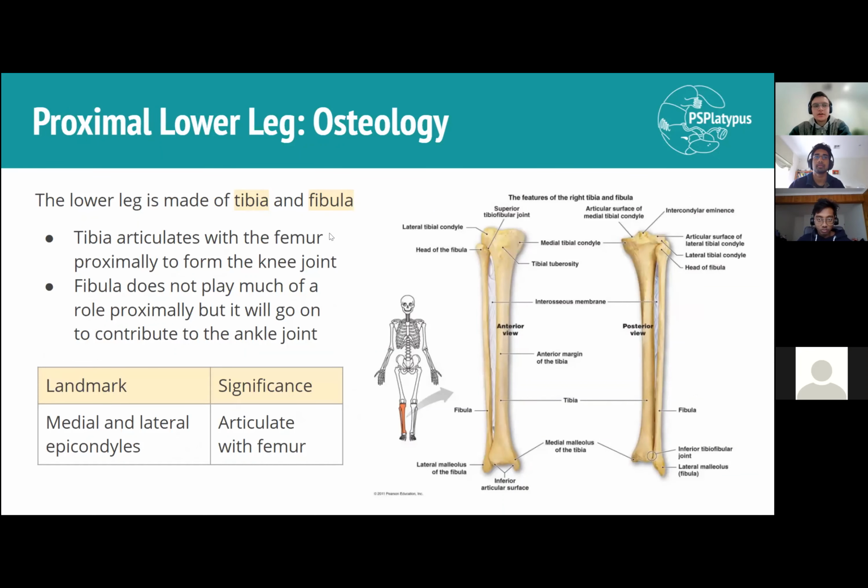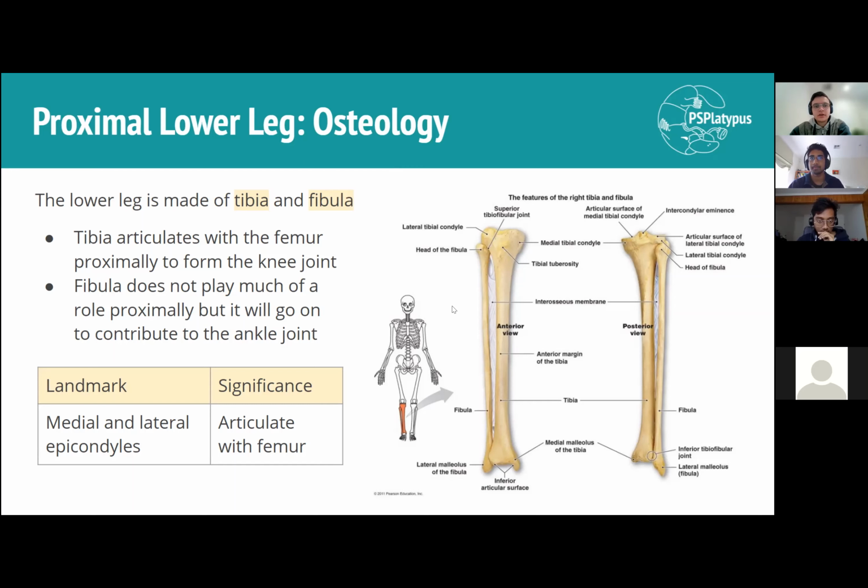Another quick word on the bones. So we're thinking about some of the bones within the lower leg, and the main bones here are going to be the tibia and the fibula. Now, for our studies, there are obviously many landmarks on each of them for muscles, and you've got clinical relevance points. But for our studies, we're just concerned with the major functions of these bones.